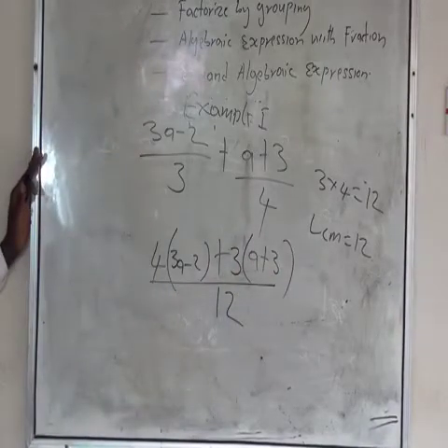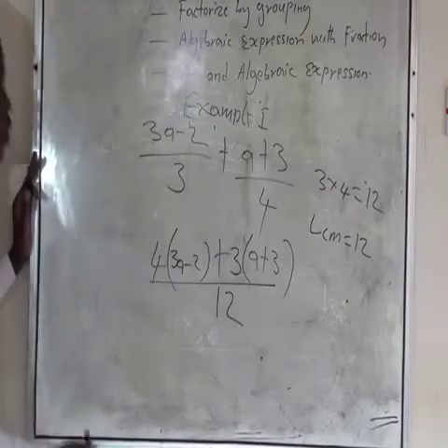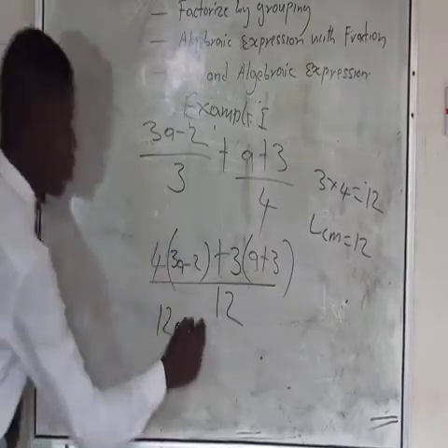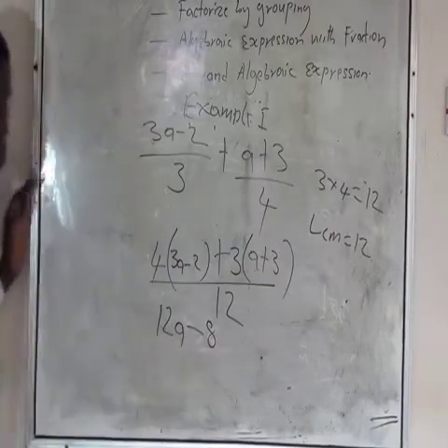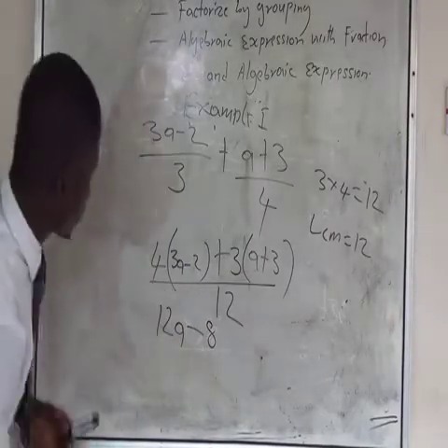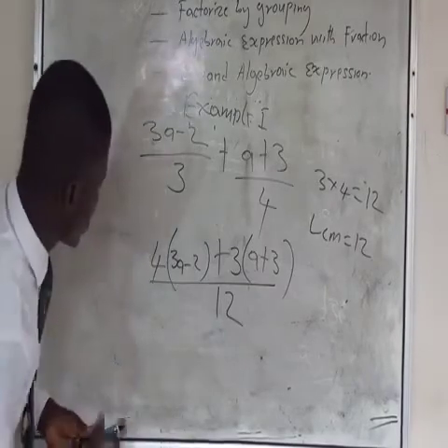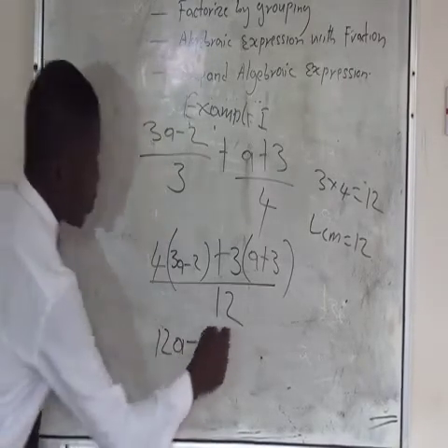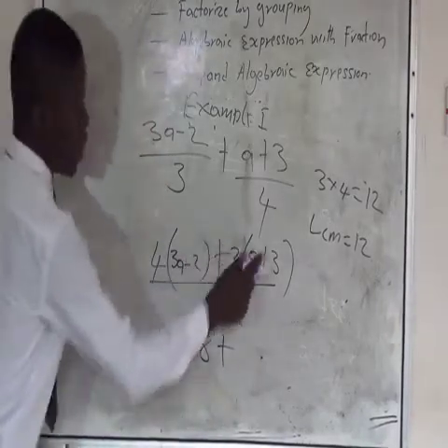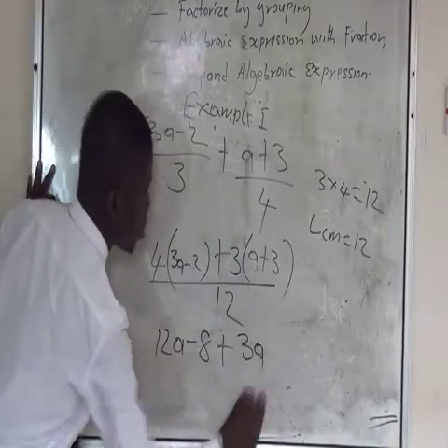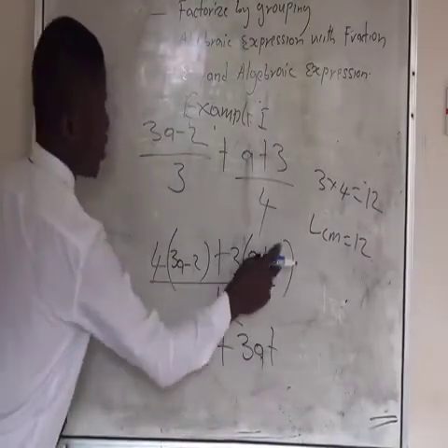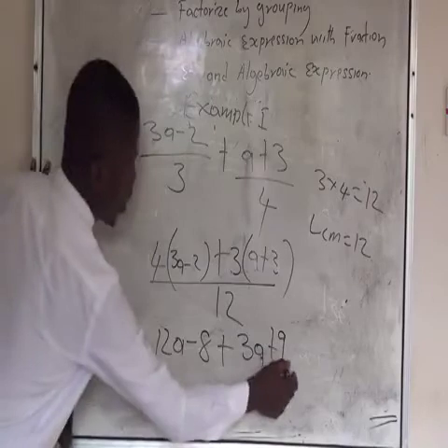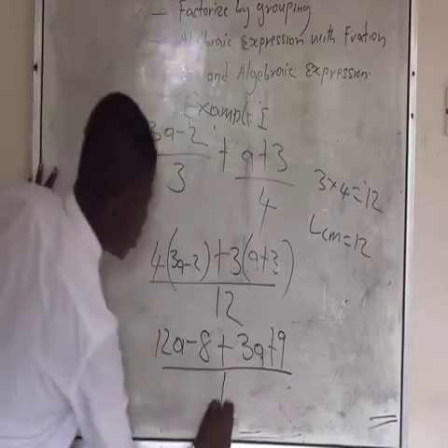Let's multiply. 3 times 4 will give me 12a, minus 4 times 2 will give me 8, plus 3 times a will give me 3a, plus 3 times 3 will give me 9, all over the denominator.